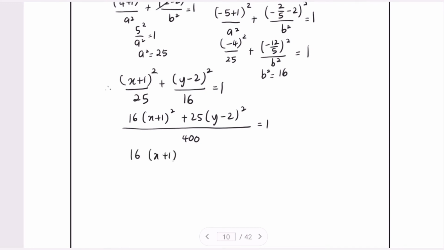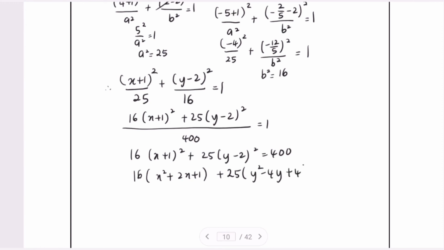Simplify again, move 400 to the right hand side, and you get equals 400. Expand the brackets: 16 times x squared plus 2x plus 1, plus 25 times y squared minus 4y plus 4, equals 400. Bring everything to the left hand side and simplify to get 16x squared plus 25y squared plus 32x minus 100y minus 284 equals 0.